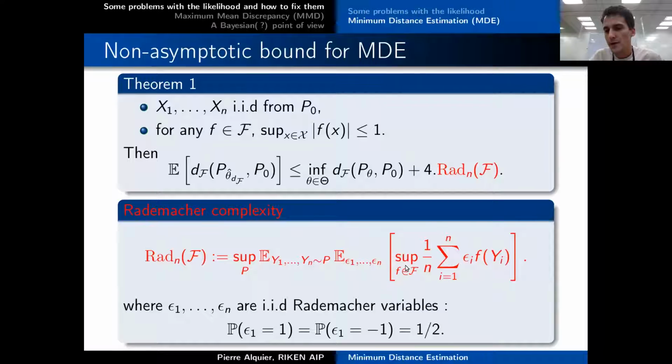And without the sup here, this quantity would of course have a mean equal to 0 and converge to 0 by the law of large numbers. But of course, taking the supremum over a rich family F, you can actually find a function f that will interpolate the epsilon i's, and if the family becomes richer and richer, this can remain constant when n tends to infinity.